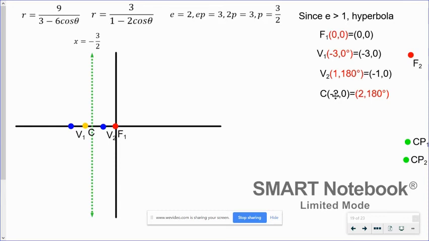So I need to move 2 more spaces the other direction. And that leads me to a rectangular coordinate of -4, 0, which I've expressed as 4, 180 degrees in polar form. Notice I'm flipping and flopping from polar form to rectangular form, or choosing one over the other as I try to figure these out. So here's my other focus.